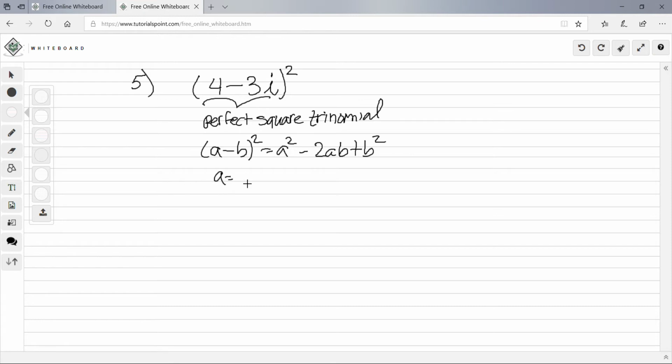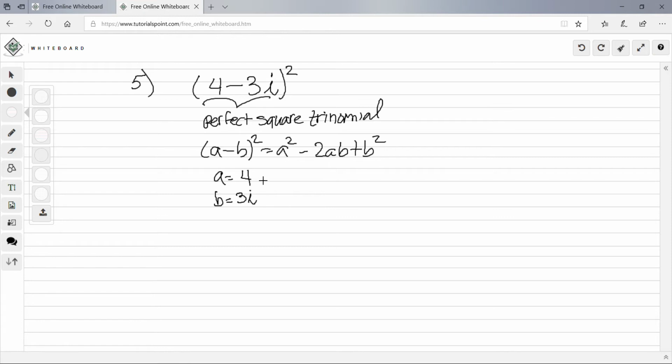So our A is 4, and our B is 3i. It's not negative 3i, it's just positive 3i.